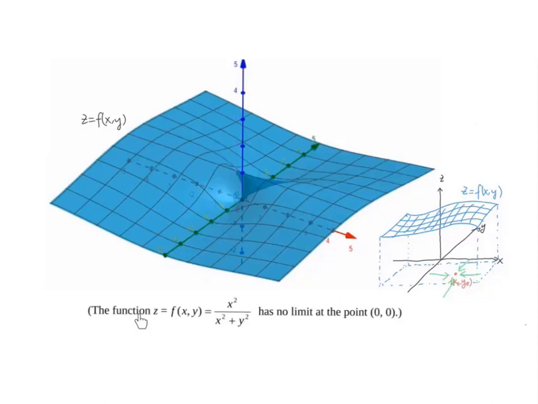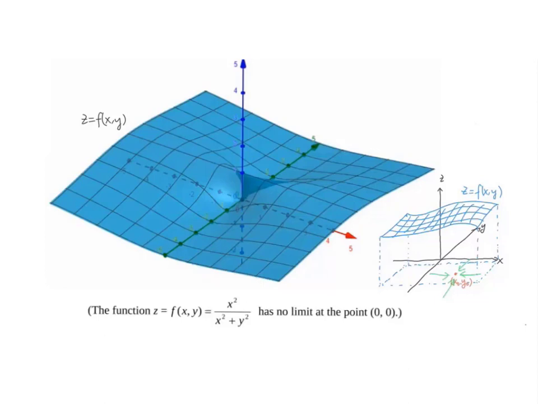Why? First, we consider the path along the x-axis, the red axis. If you approach the point 0, 0 from the east or the west, the output approaches 1.